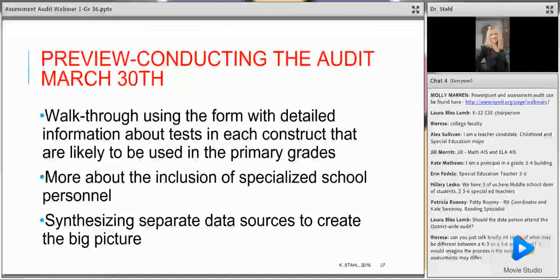For those of you who may have been here for our Webinar 13 series with K3, the process is the same, but how you analyze what construct you're assessing in terms of comprehension, vocabulary, writing process, and I would even say attitude, that becomes much murkier and much more specific to grades 3 through 6.